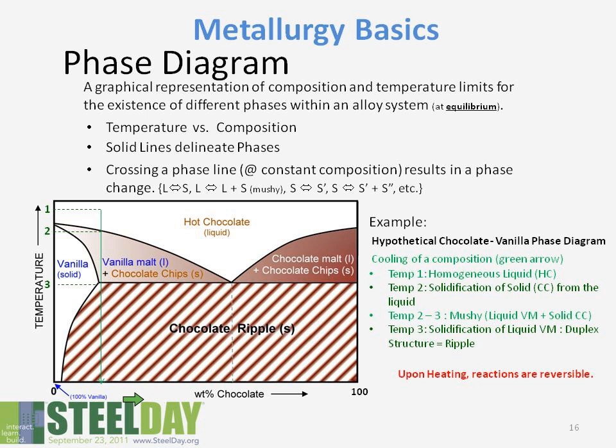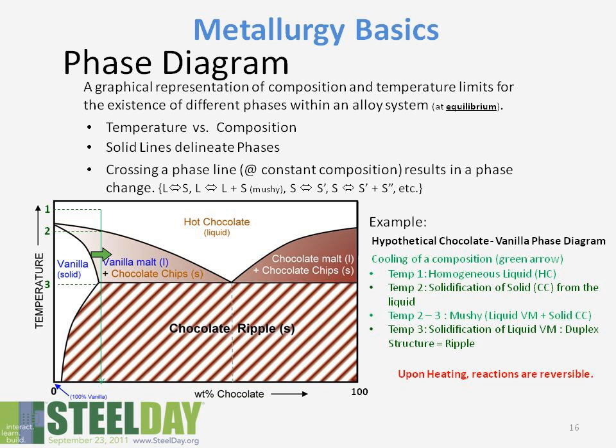So as we increase the amount of chocolate in the vanilla mix, we end up with different phases. These different phases are delineated by solid lines. So in this region here we have a solid vanilla. In another region bounded by these solid lines we have hot chocolate as a liquid. In another region we actually have vanilla malt with solid chocolate chips.